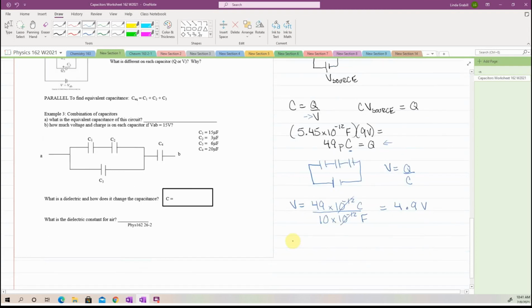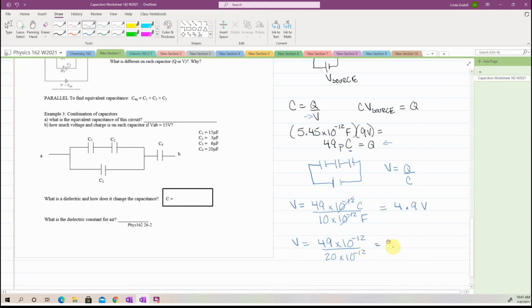And I can do the same thing then for my 20 and my 30. 49 times 10 to the negative 12 divided by 20 times 10 to the negative 12. It's going to be a little over 2. 49 divided by 20. Yes, I know it's 49 divided by 20. Calculator, you're not helpful.